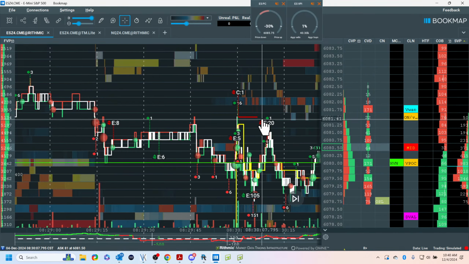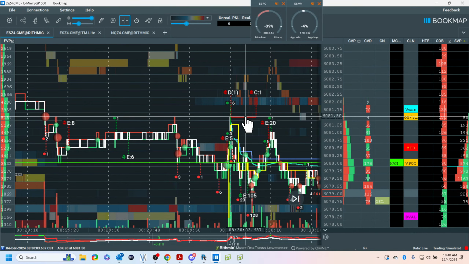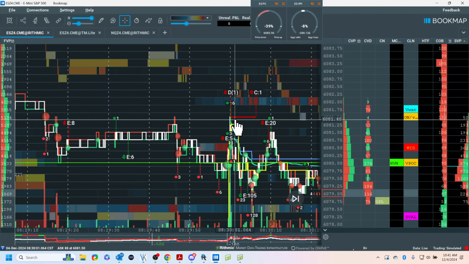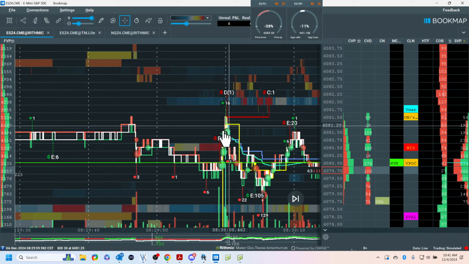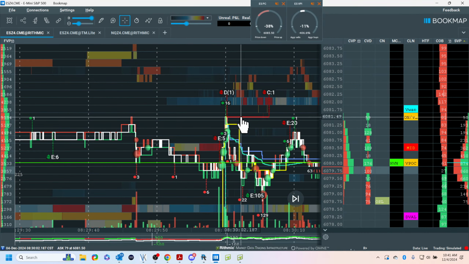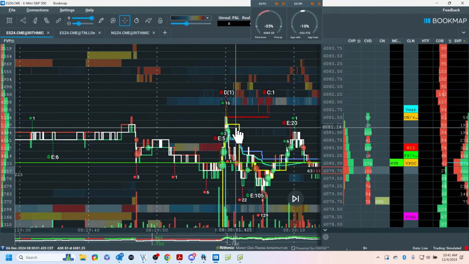Now, why is this relevant to us? Because this is where the most volume transacted. And I believe we tagged it right there. And I can't tell exactly because my data has been a little funky. But so that's our target. Now, the thing about it is if you hit it and the price becomes too high, we can counter rotate. Now, nobody knows what it's going to do. You know, this is part of the excitement.